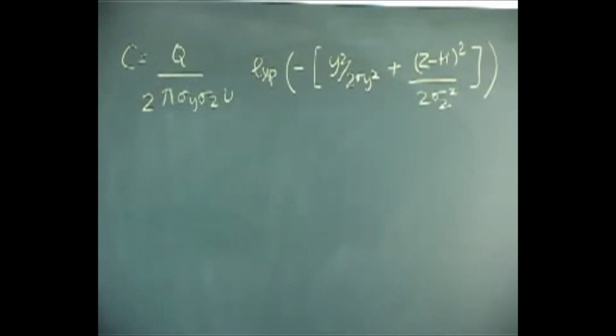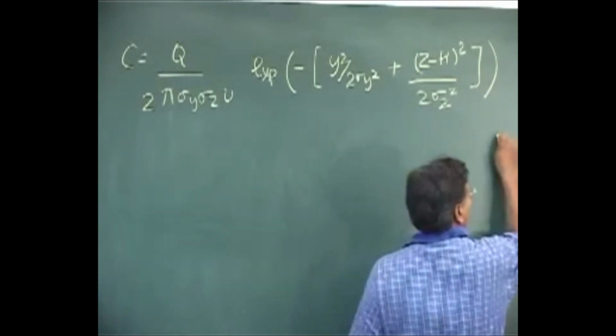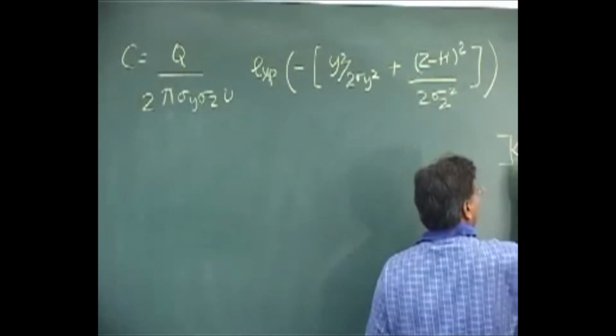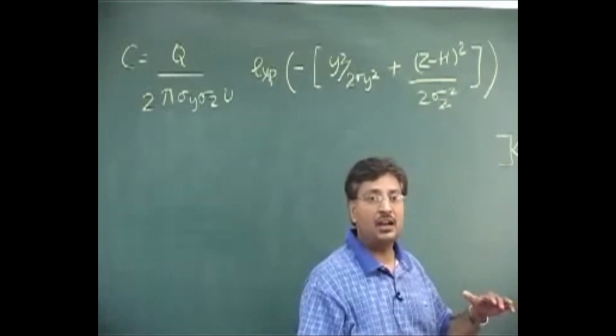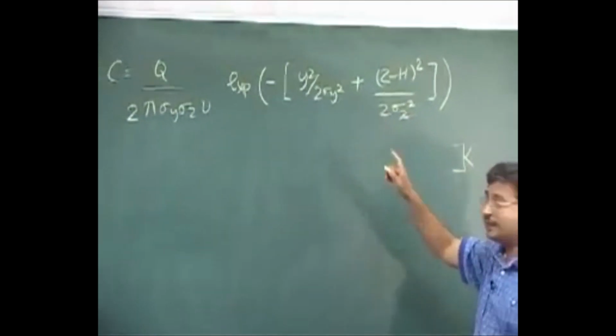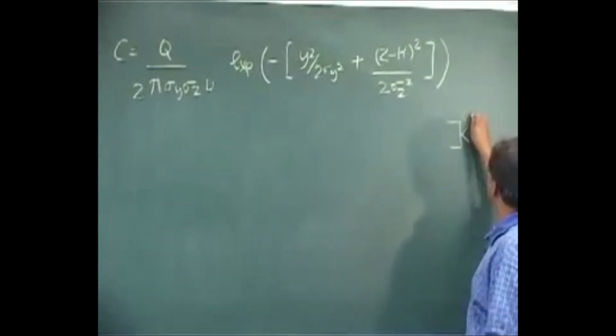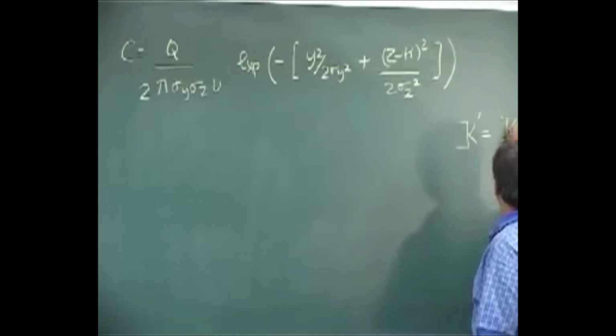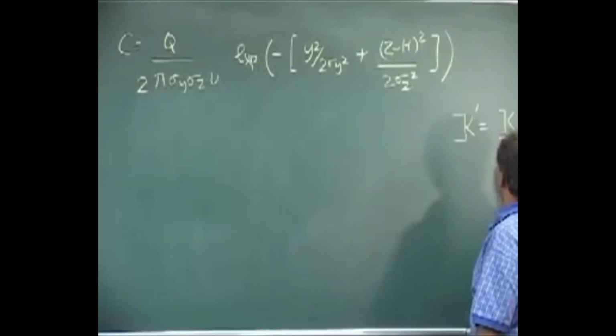You remember that we derived the value of the constant k last time, the large K. The new k, for the situation when I am putting z equals to z minus h, comes out to be the k that we saw yesterday divided by 2.